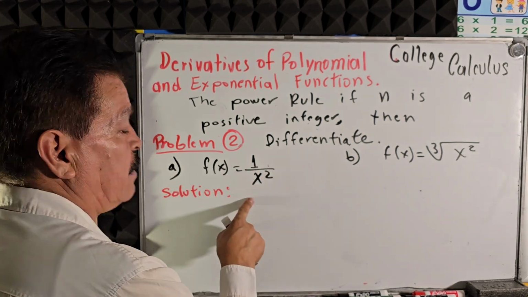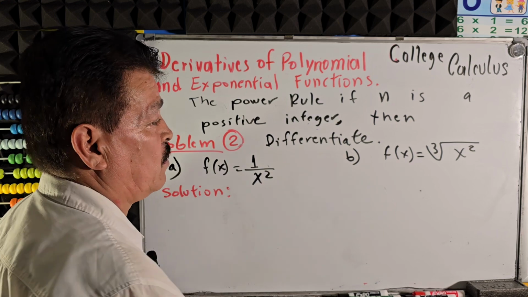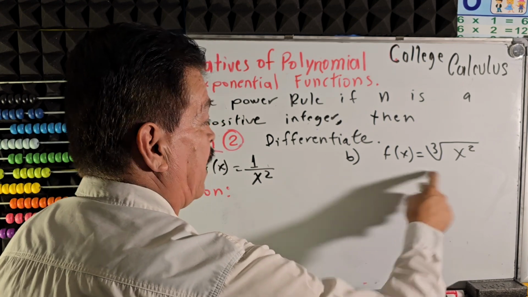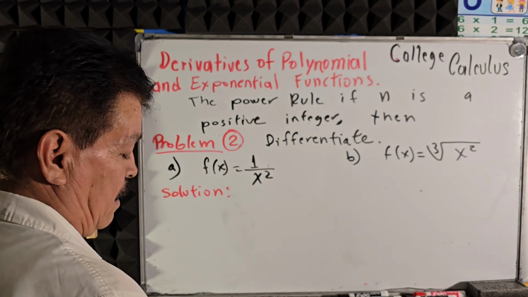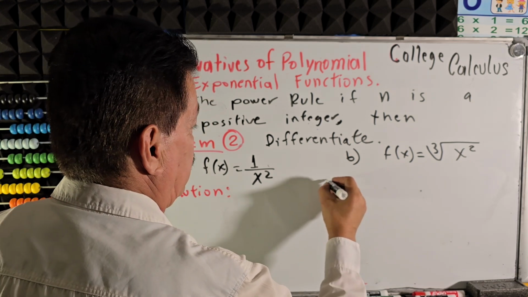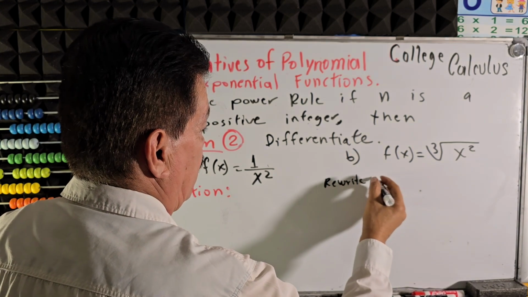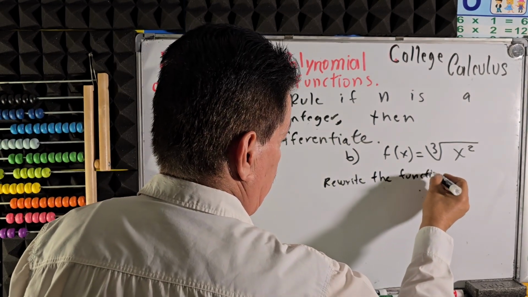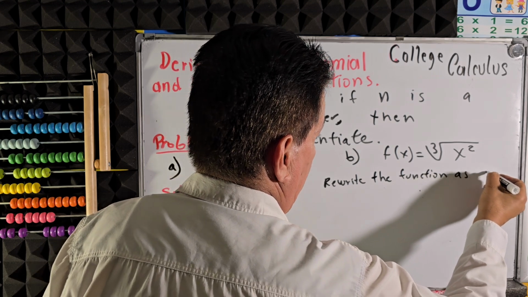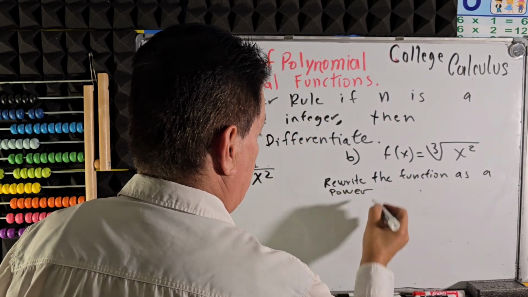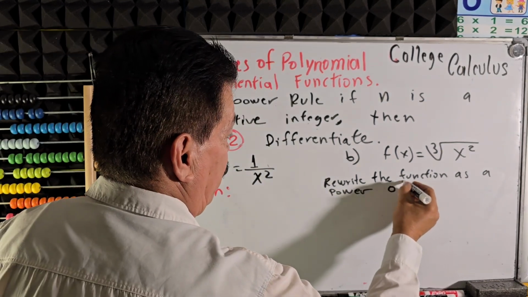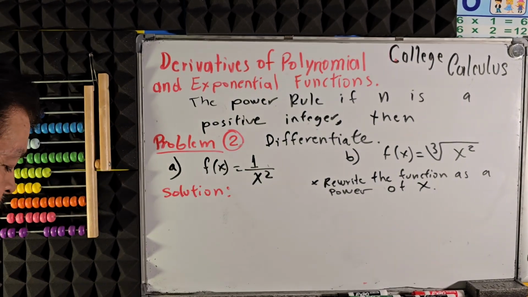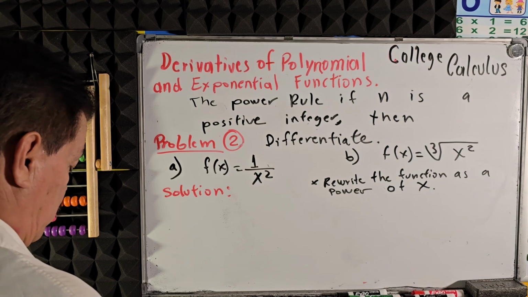In each case that we have here, we have to rewrite the function as a power of x. So this is one of the steps.